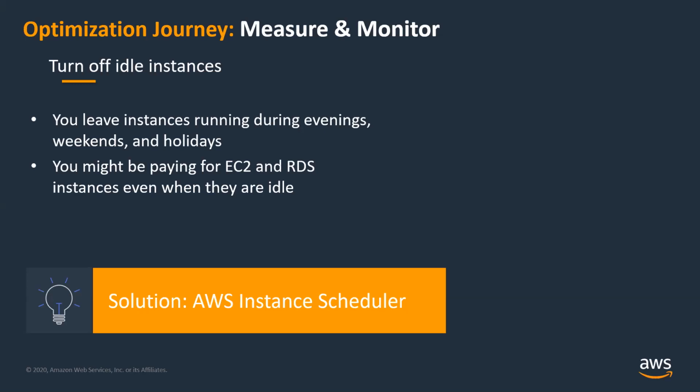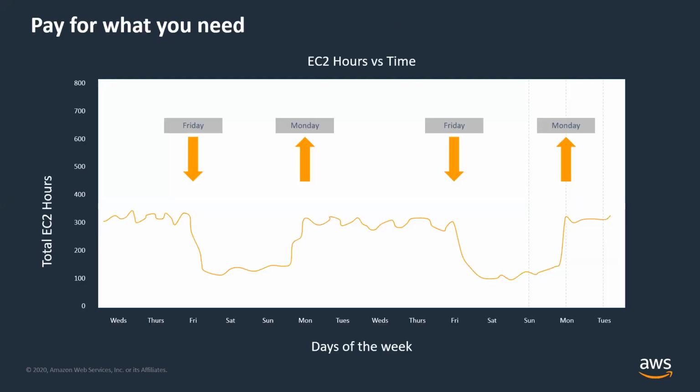And the solution itself is very easy to deploy, and it can help you to reduce operational cost. This instance scheduling allows you to leverage the elasticity of the cloud and pay for only what you need. You can stop and start your EC2 and RDS instances automatically. When these instances are stopped, you no longer incur any hourly charges.